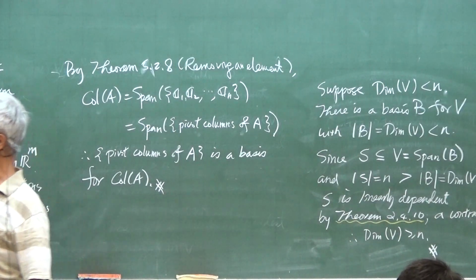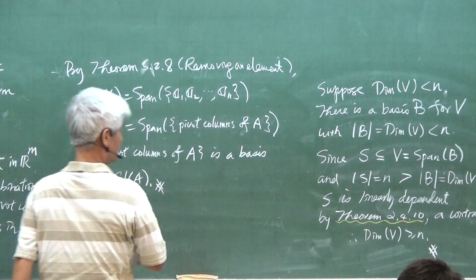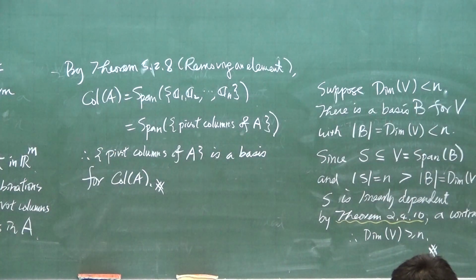And from the reduced row echelon form, every non-pivot column is a linear combination of pivot columns.